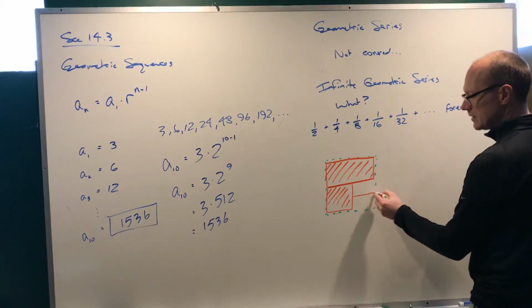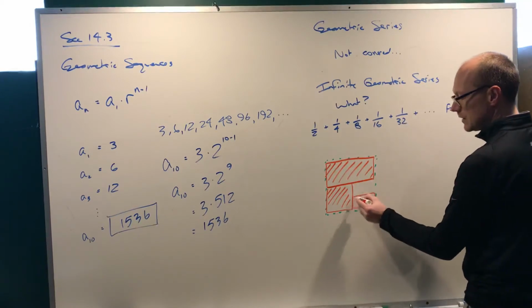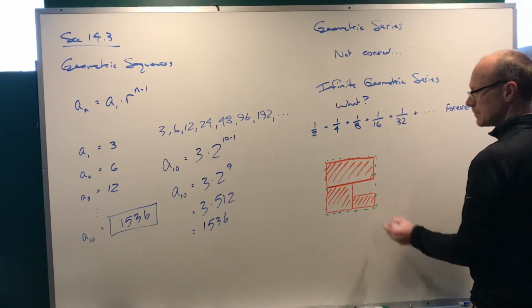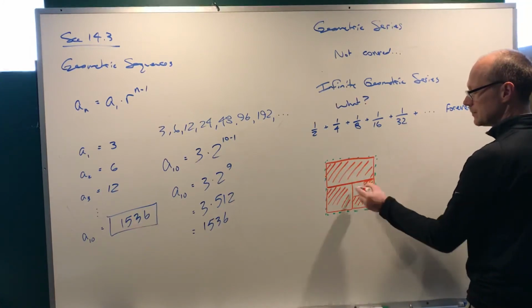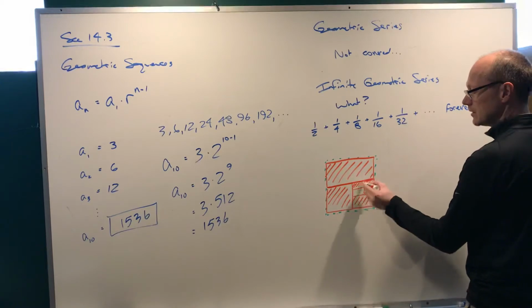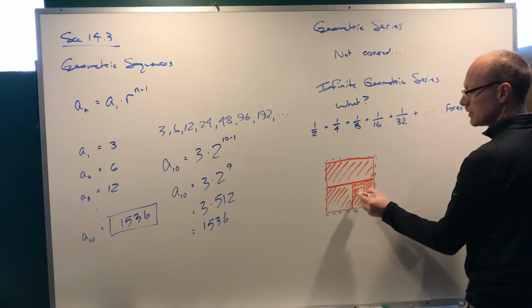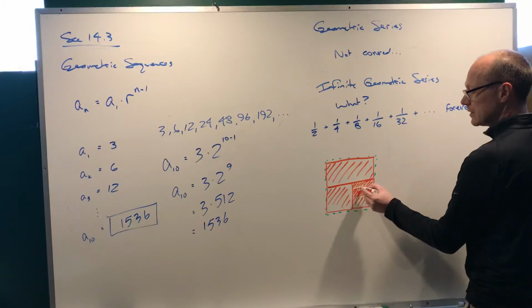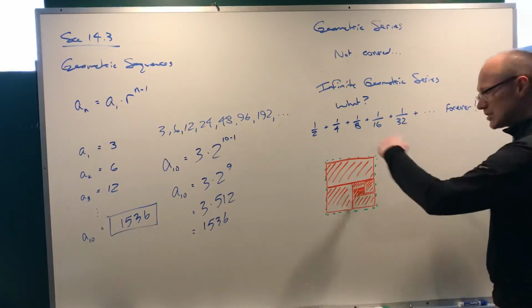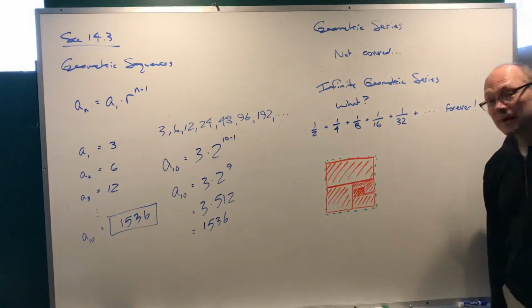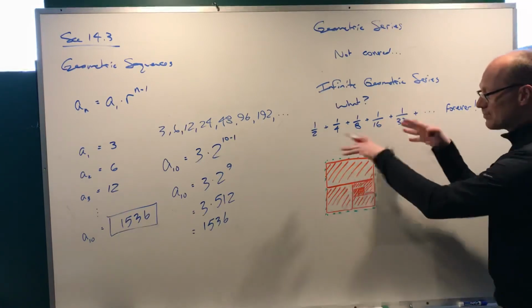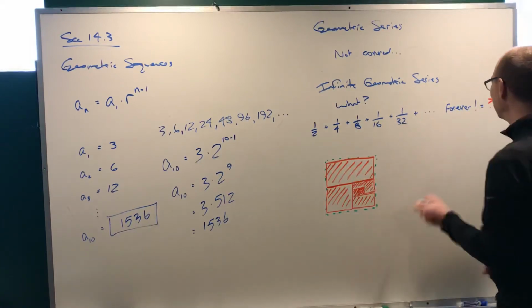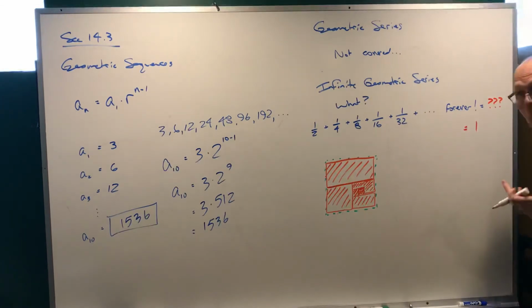And this right here is an eighth of the box. And this is a 16th of the box. And a 32nd. And a 64th. And a 128th. And a 256th. And so forth. I can keep cutting this in half, and I just kind of keep spiraling in. And no matter how many times I cut that in half, I'm always going to have a little piece left to cut in half. But will I ever break out of this box that seems to be just simply 1?